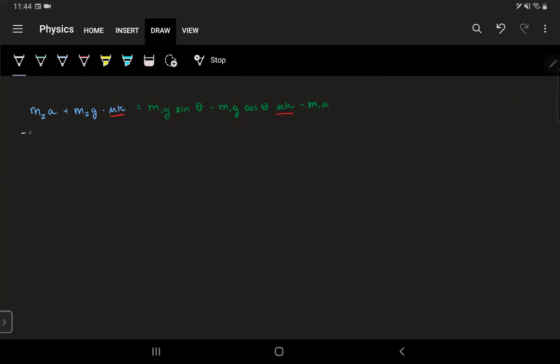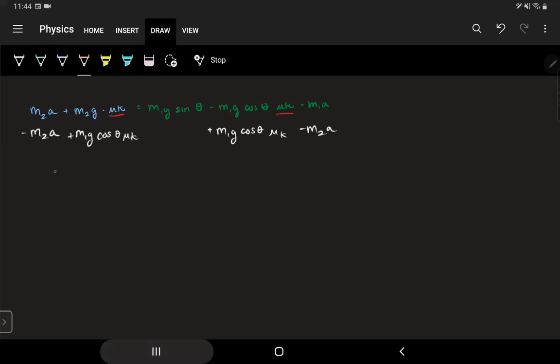That means we subtract m2a from this side. So subtract m2a. And then we add m1g cosine theta mu k here on this side.